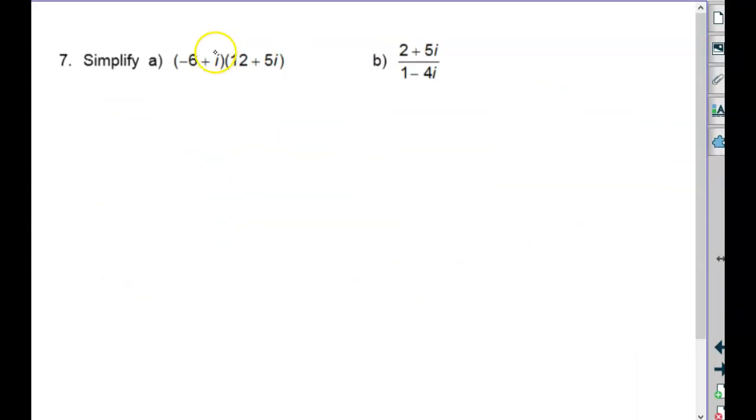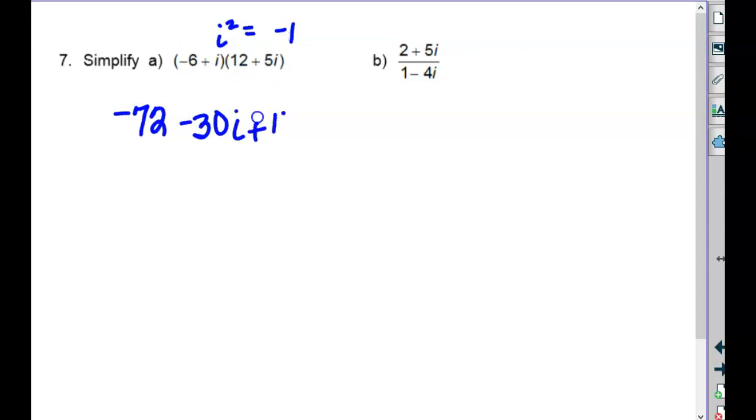All we have to do is treat i like it's a variable until when? Yep, when it's an i squared, we're going to replace it with a -1. So if I FOIL this together, I get -72 minus 30i if we're doing outside.